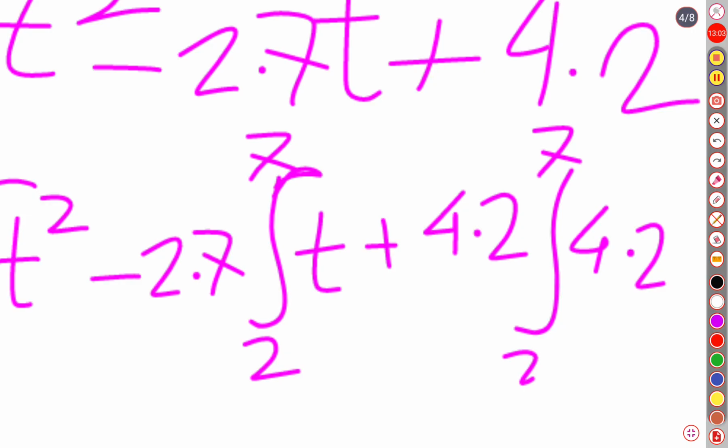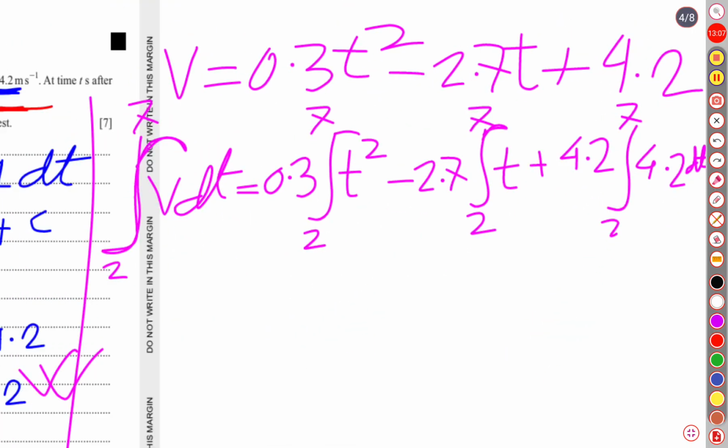Well, let us evaluate this definite integral.